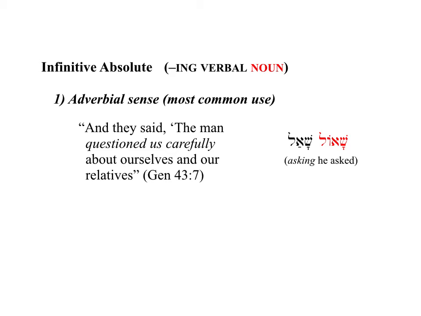The idea is that the brothers are trying to explain how it is that they gave up the information that they had a brother, and their father, being upset, should be forgiven them because they had no idea that the questioning was going to go to this extent, and that it was only because the leader of Egypt, Joseph in disguise, had drawn it out of them. So that's the most common use of the infinitive absolute as an adverb.